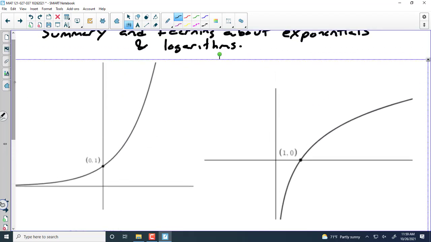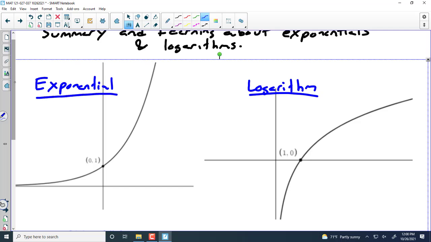Everyone, what you see up here is a graph of an exponential and a graph of a logarithm. Exponentials we learned about last time, logarithms we learned about this time.